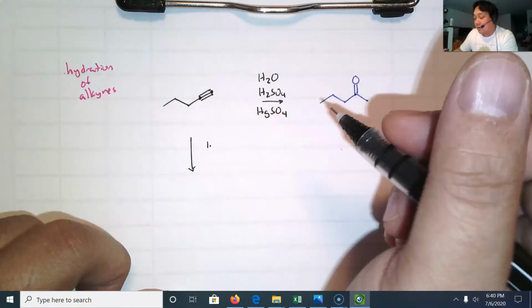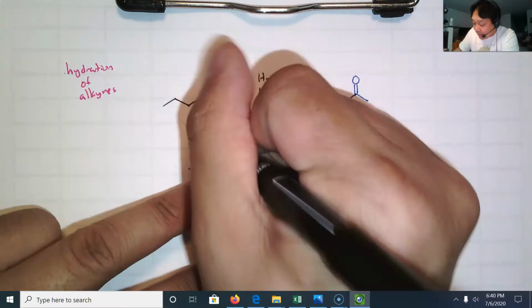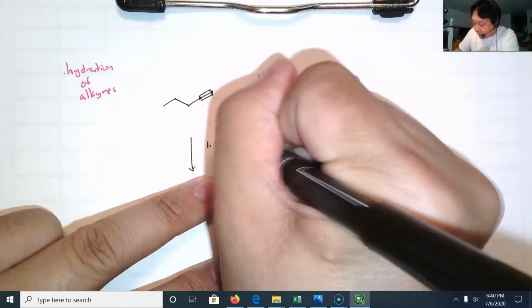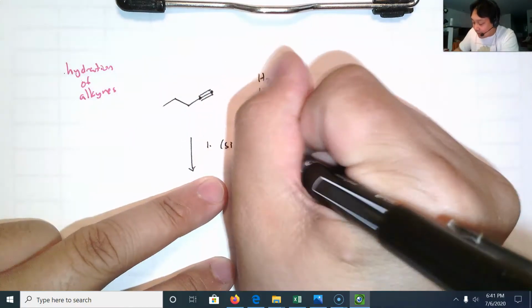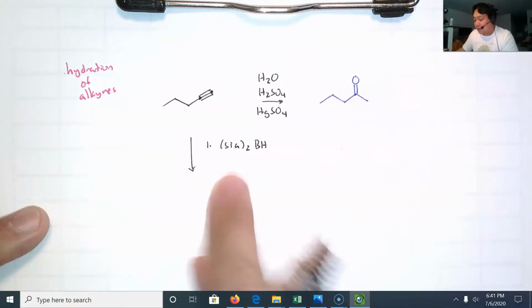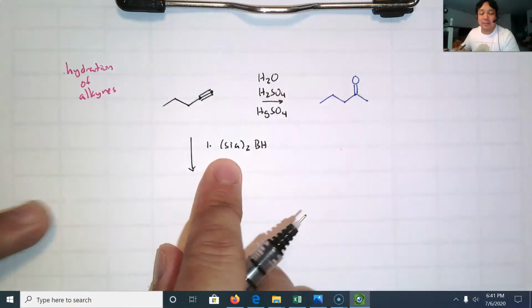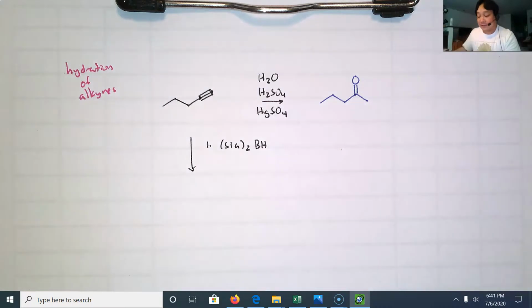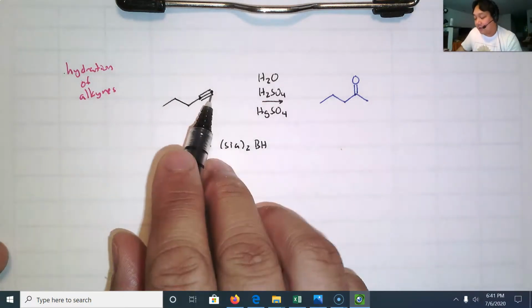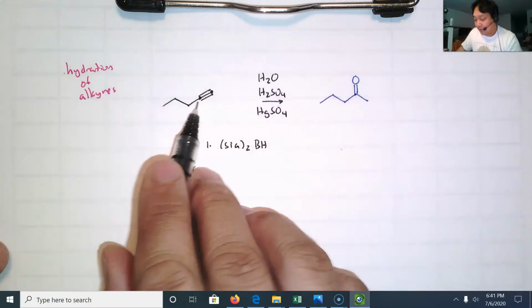The other reaction will go down this way, the hydroboration oxidation. But there's also a special reaction here when you start with alkynes, Sia2BH. Those are just alkyl groups to make it a little bit more bulky, a little more selective. Put the oxygen on the last carbon, not this carbon here.